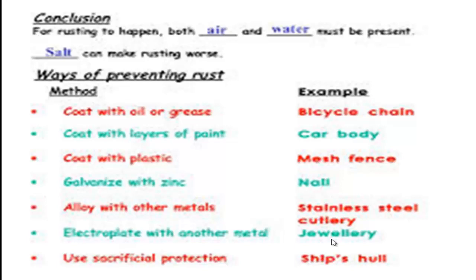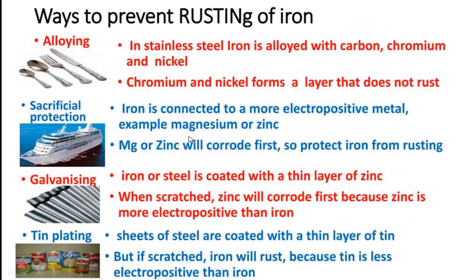Now use sacrificial protection. That means in the case of ships or big things, painting or galvanizing processes are also done. The next picture will make it more clear. And for example, alloying. These are made of stainless steel, and stainless steel is a mixture of iron, carbon, chromium and nickel, and this chromium and nickel form a layer that does not rust.